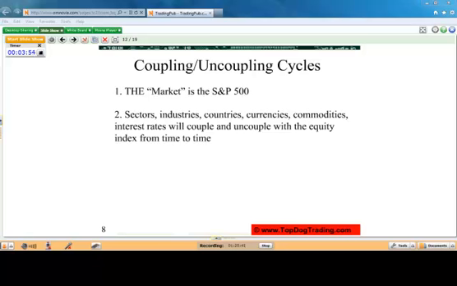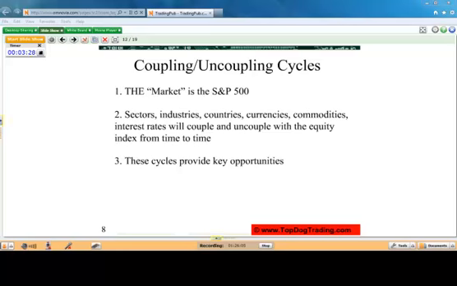In other words, if the S&P is going up, is whatever, the commodity going up, is the exchange traded fund for India going up, are biotechs going up, are bonds going up? People think, oh, bonds and equities trade inversely. Not always, not always.